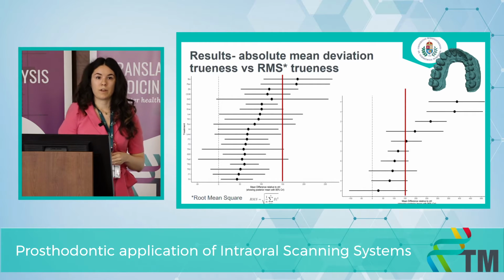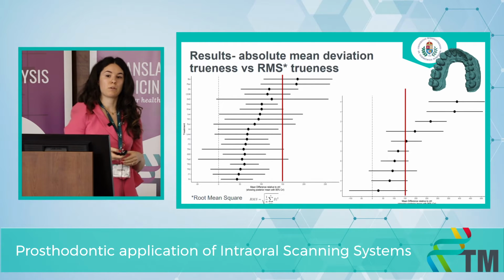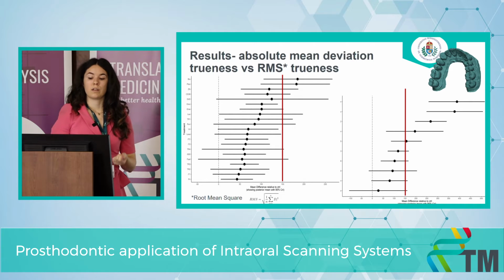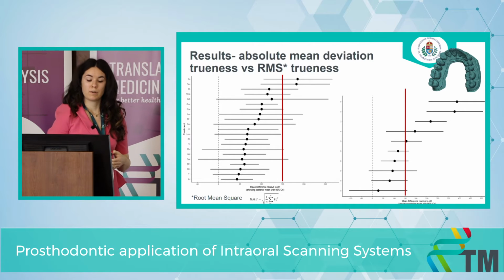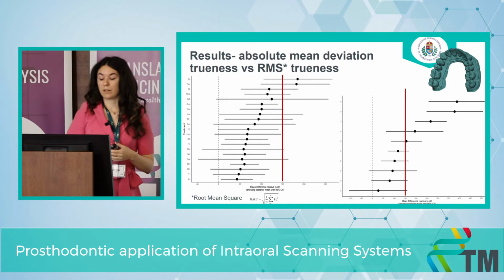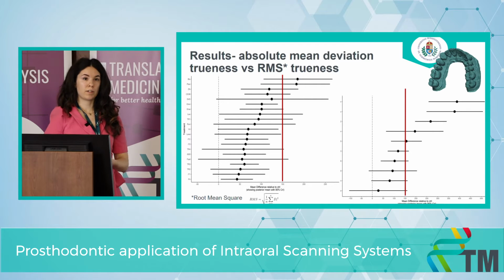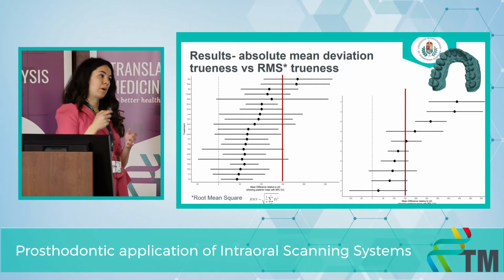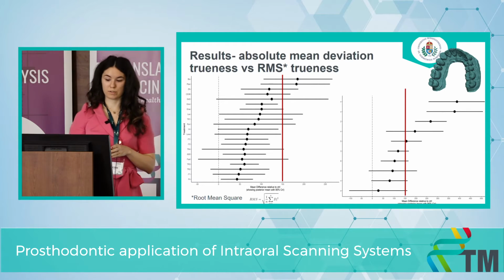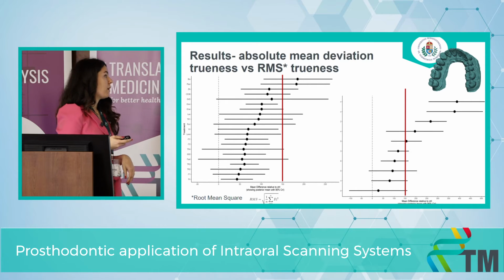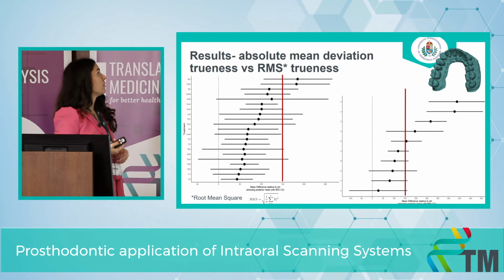In absolute mean deviation, usually the 2 measurements are measured in an absolute mean value. It's a mean difference, and in RMS they have x, y, z coordinates, so it gives more information about the 3-dimensional deviations. As you can see, more articles use the absolute mean deviation value, but the newer ones are now using the RMS values as well.